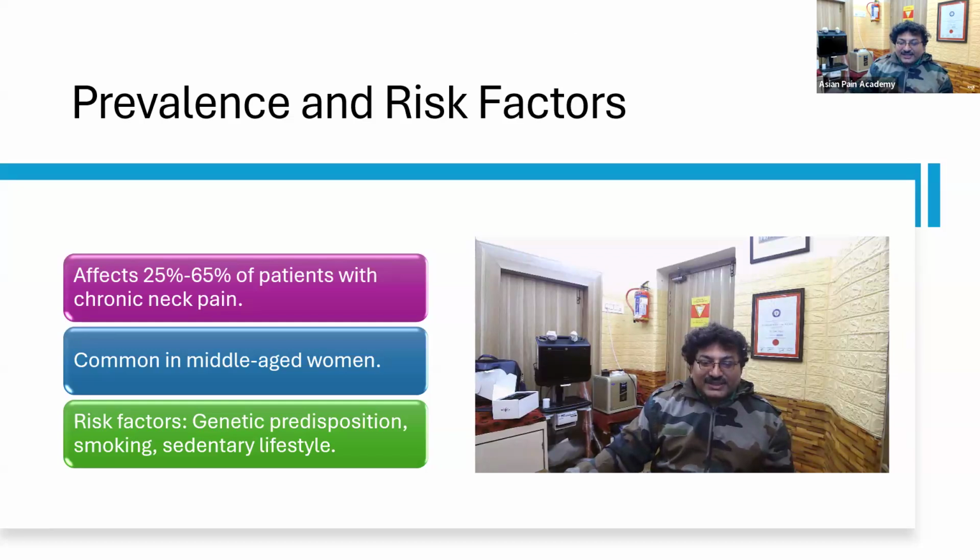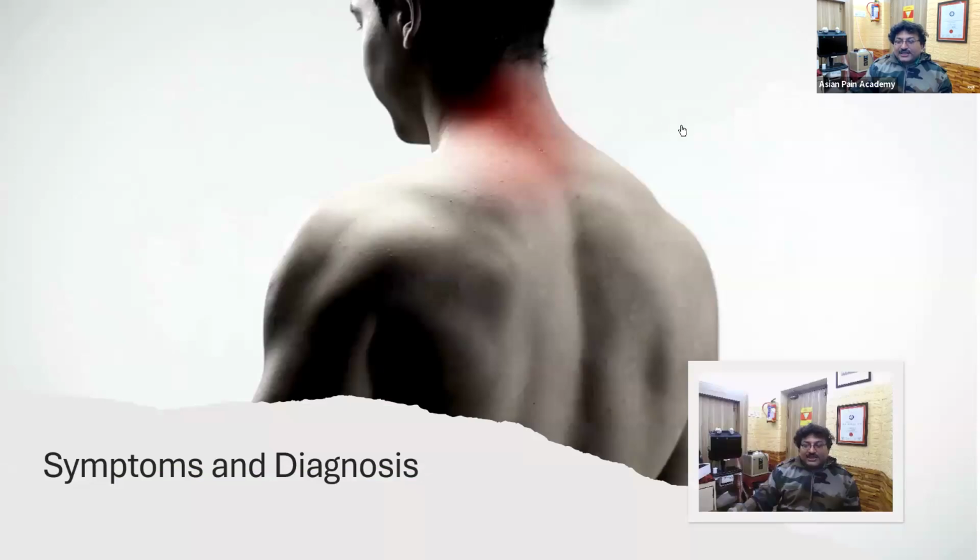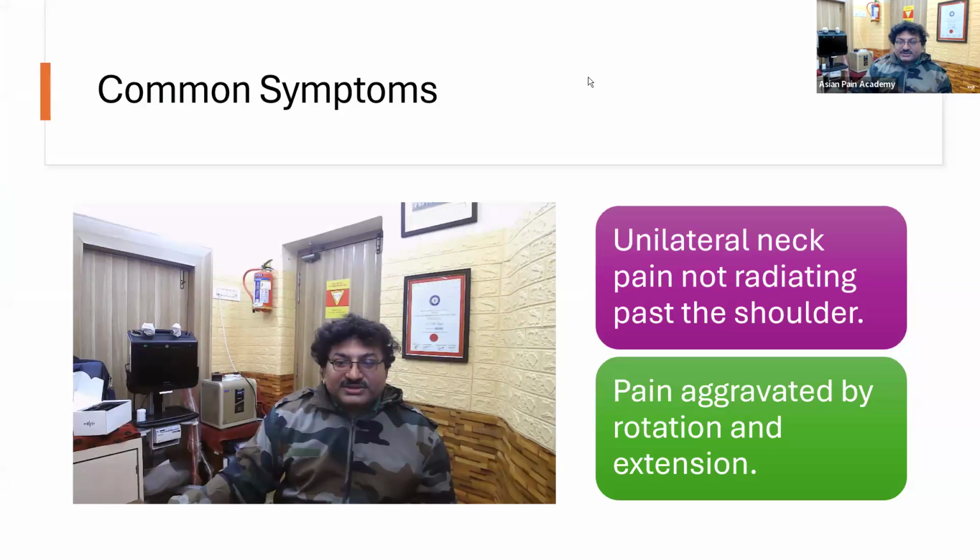Risk factors include genetic predisposition, smoking, sedentary lifestyle, and nowadays computer-related work is also a very important factor that can cause cervical facet pain.